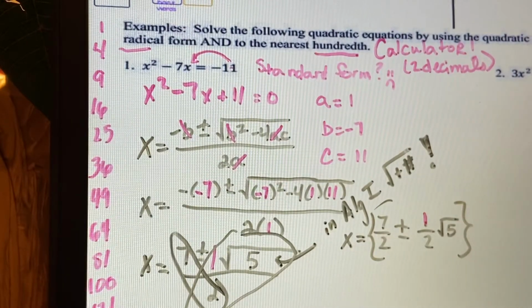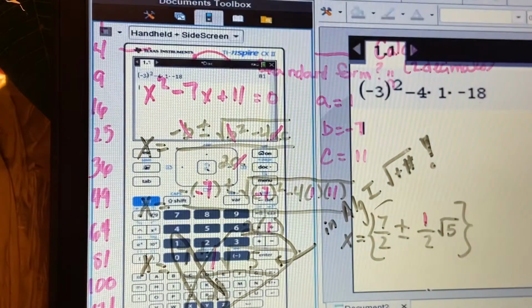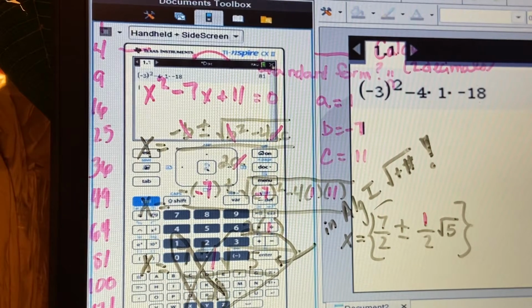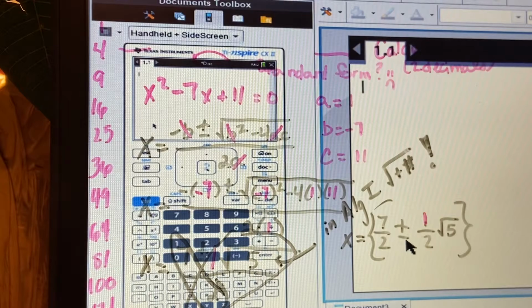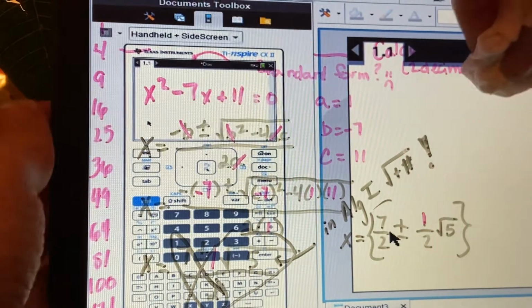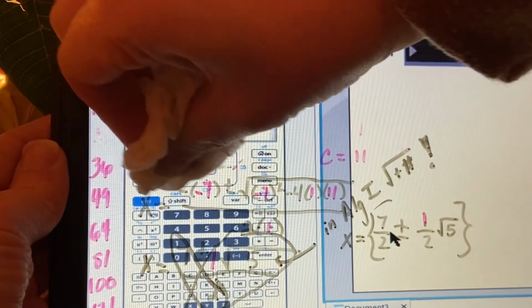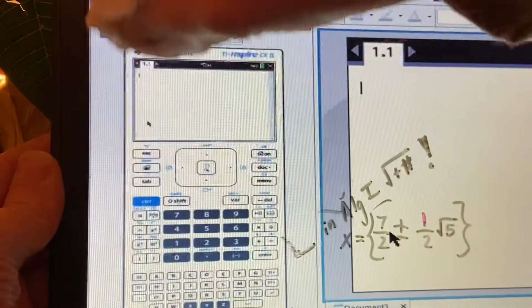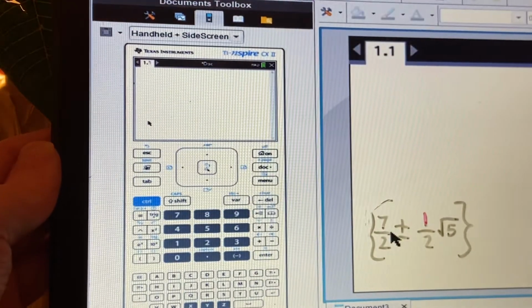Now I have to find the decimal in my calculator. So I can close out whatever you have in here if you don't like to see it. So I'm going to type this right here in my calculator. Let me erase this. All I really need to have right now is that.